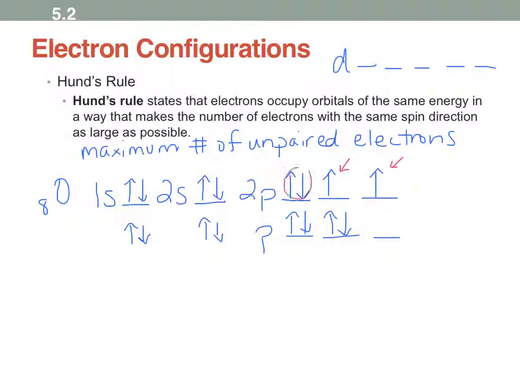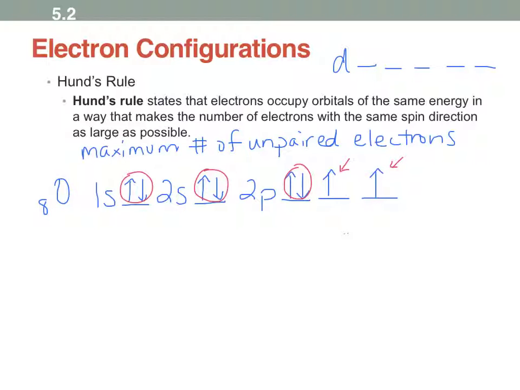These are paired, these are paired, these are paired. If you did not put one in each orbital before you moved on, it's going to look like that, and it's going to look like you have no unpaired electrons. So make sure that you get that right. I'm going to go ahead and erase that so I can use that room.